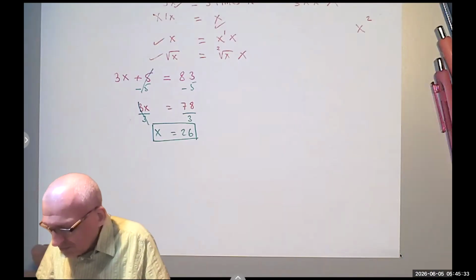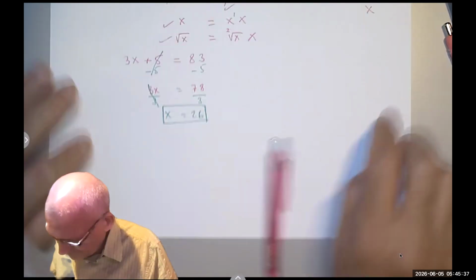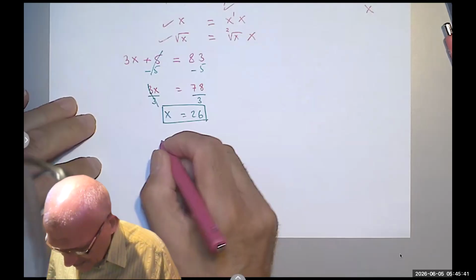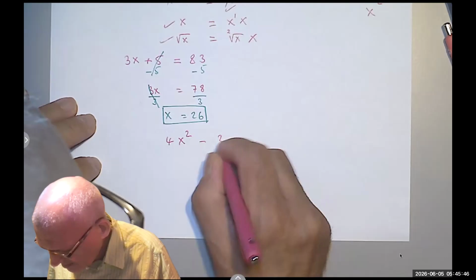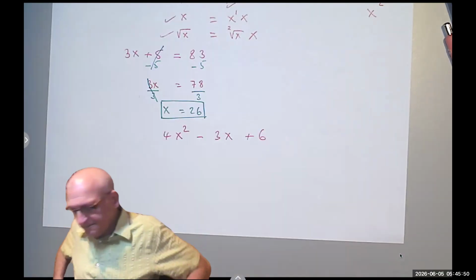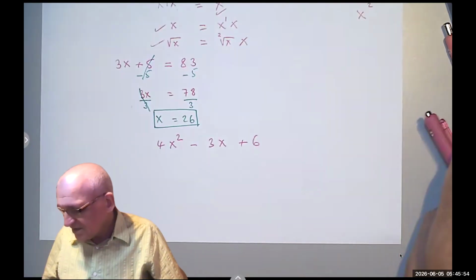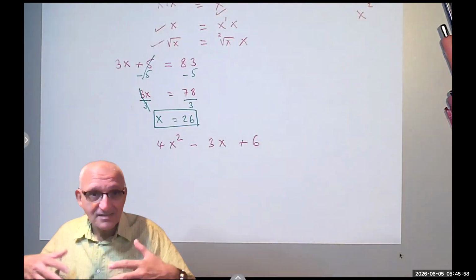Okay, so let me show you some stuff. I'm going to write something: 4x squared minus 3x plus 6, and it looks so complicated. There are some terms I want you to learn here because that is our vocab that we will build.